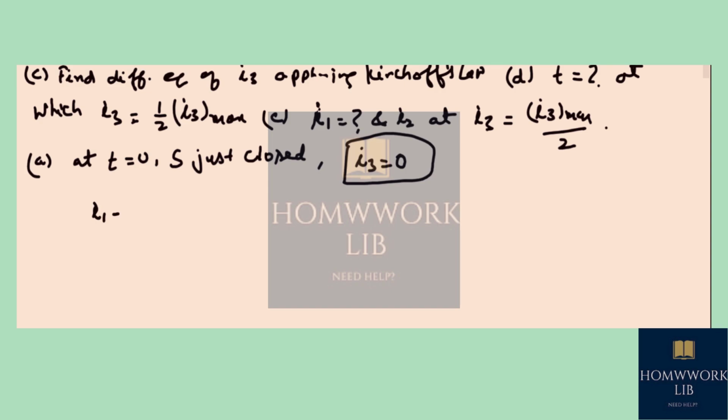And I1 is equal to I2. According to Ohm's law, EMF upon R equivalent, that is 48 upon 8 plus 6, that is 3.43 ampere.